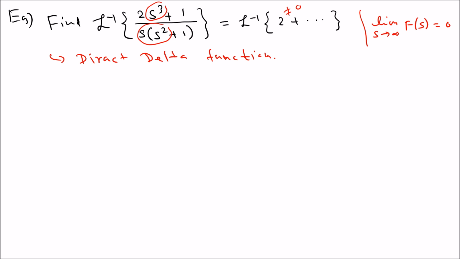Another problem that we cannot do right now is something like this. Let's say, find L inverse of 3 over (s plus 2) to the fourth power, something like that.